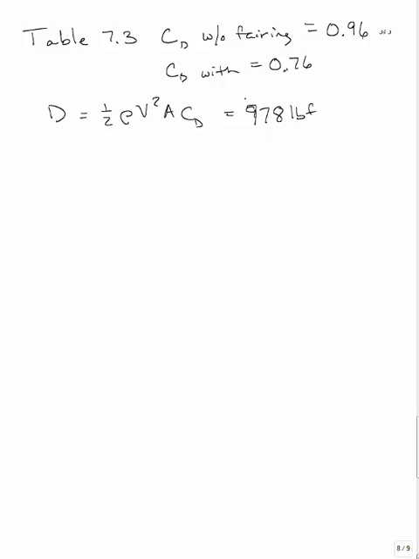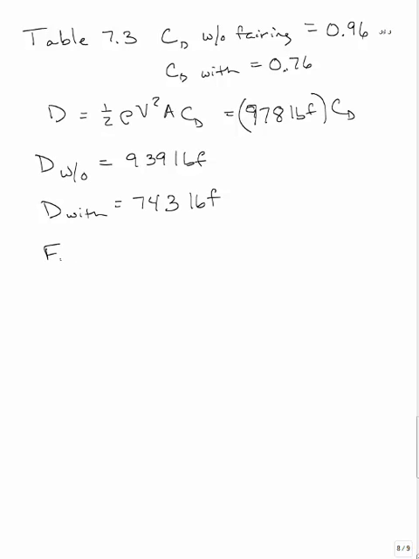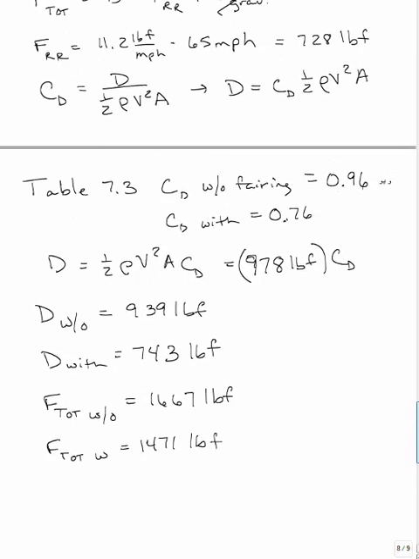Okay, so that means the drag without the fairing is 939 pounds, and the drag with is 743 pounds. Okay, so our F total without the fairing, 1667 pounds. F total with, 1471 pounds.